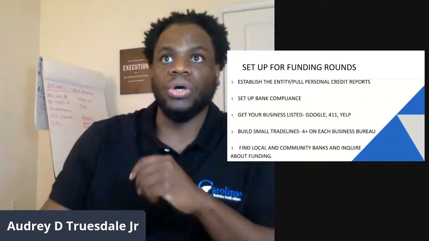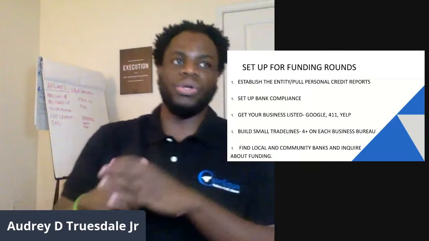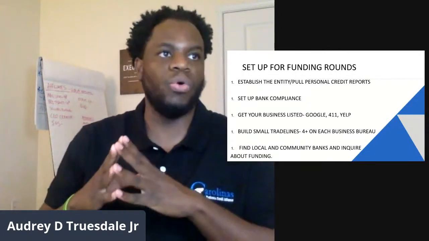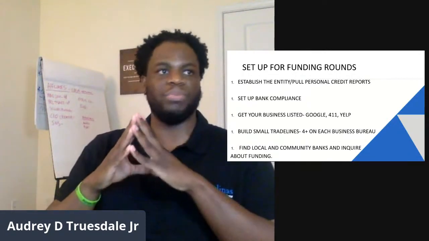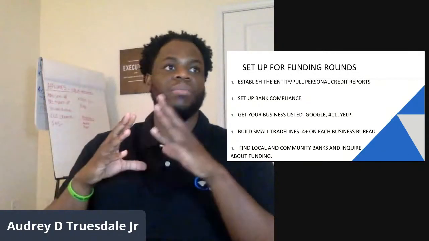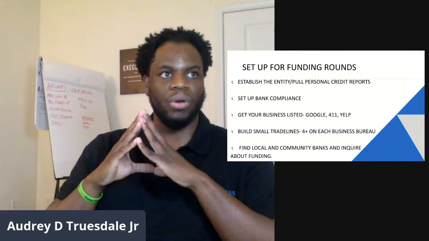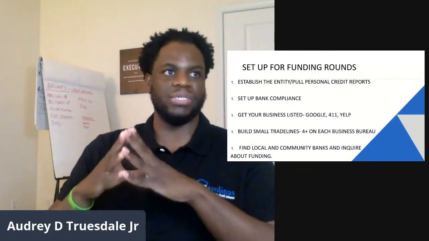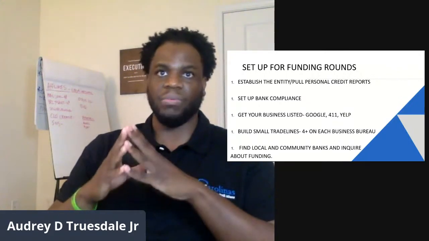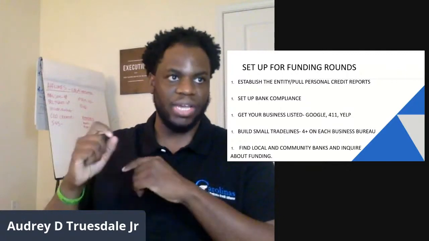All right, so here are things you want to keep in mind before you start going for rounds of funding, whether that's bank funding, net 30 vendors, or any type of funding or capital for your business. First, make sure you establish your entity.